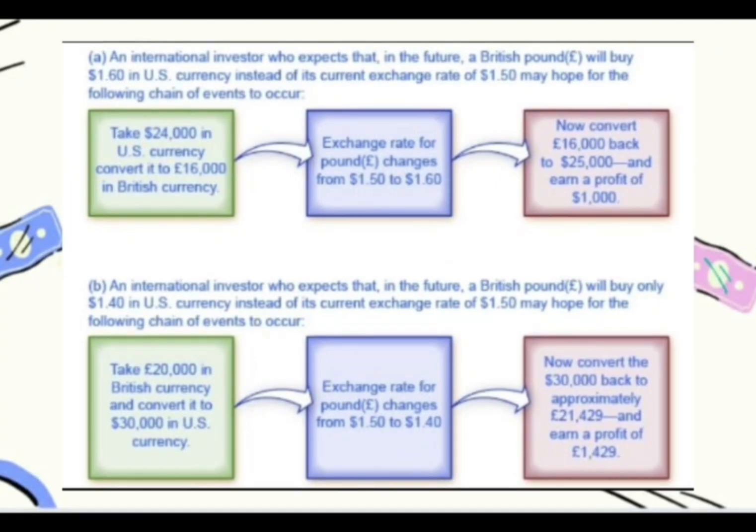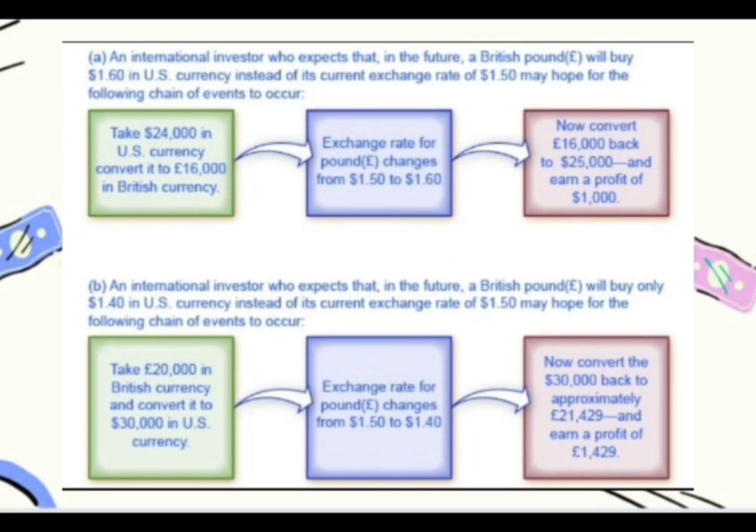In part B, the investor thinks the British pound will become weaker. They start with 20,000 pounds and change it into 30,000 US dollars at the rate of 1.50 US dollars per pound. Later, when the pound becomes weaker and is only worth 1.40 US dollars, they use the 30,000 US dollars to buy pounds again.